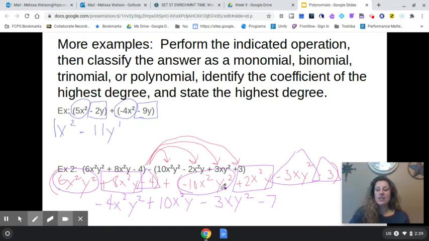Notice that these two both have degree of 3 because we have x squared y to the first. So we would add those exponents. We get degree 3. Same thing over here. This is also degree 3. We add the 1 exponent on the x to the 2, the exponent on the y. So these both have degree of 3. And then this has degree 0 because there is no variable on it.